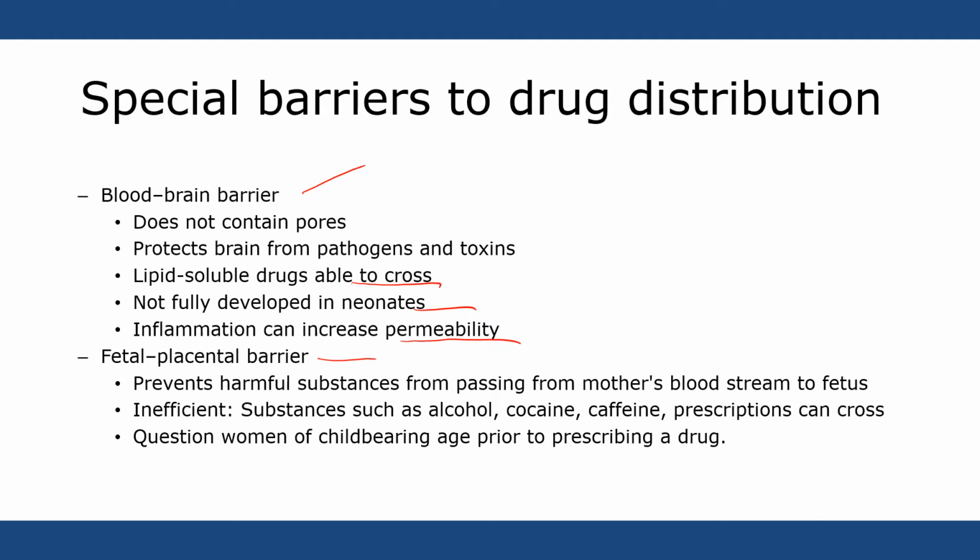Another barrier, as I mentioned, is the fetal placental barrier. The purpose is to prevent harmful substances from passing from the mother's bloodstream to the fetus. However, this is not 100% effective. In a way, it's not a solid wall. It is ineffective against some substances such as alcohol, cocaine, caffeine, and some prescription medication can cross over.